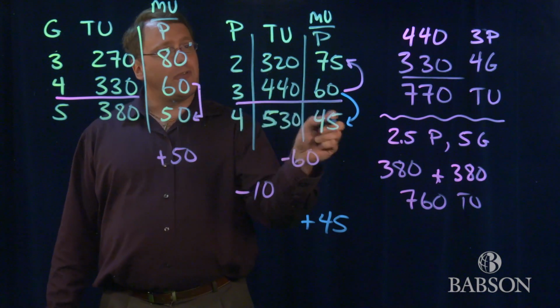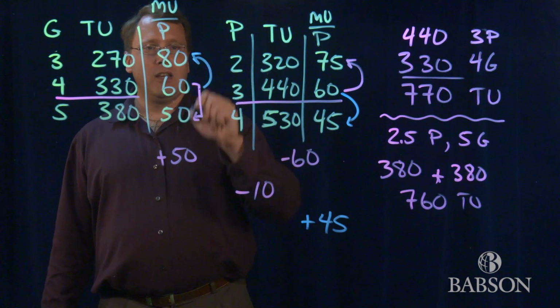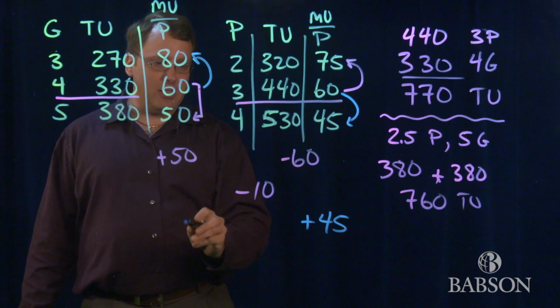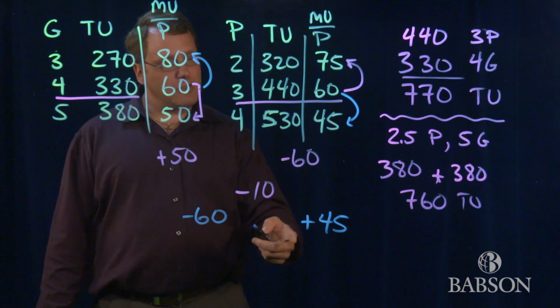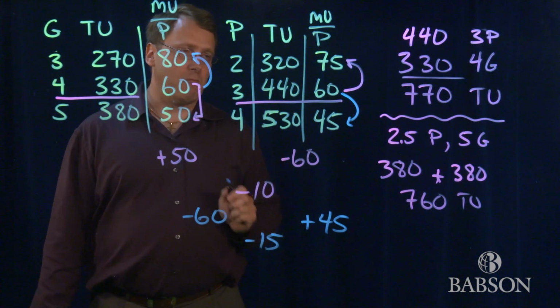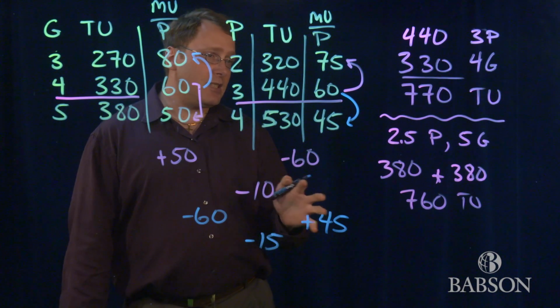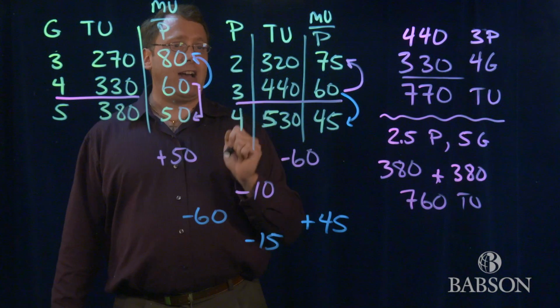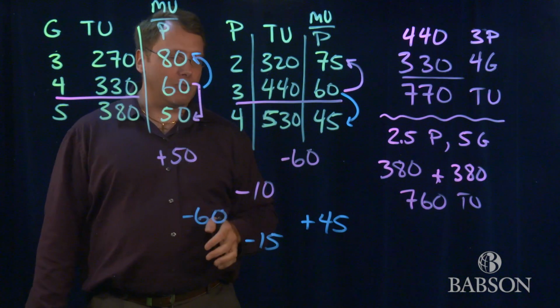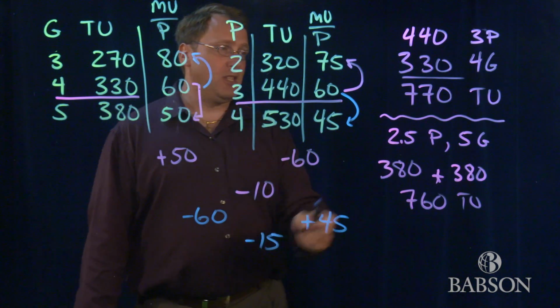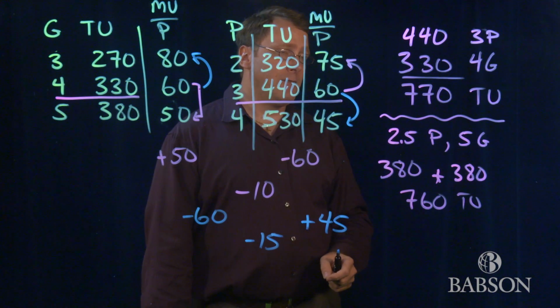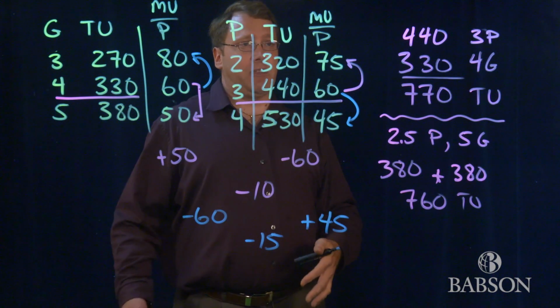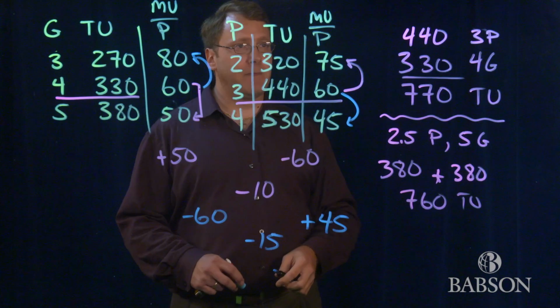But now in order to afford that, what must we do? We must give up that 60 units of utility, and so we have a net change of minus 15. And if you calculated the total utility of 3.5 Pop-Tarts and 3 granola, it would actually be 15 units less than 770, or you'd end up with 755 as a result of that.